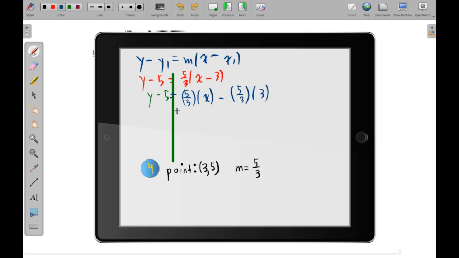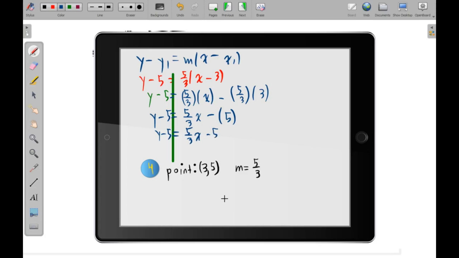So we're going to simplify this. 5/3 times x is the same thing as 5/3x, minus 5/3 times 3. Don't forget your parentheses. That's the same thing as just 5. You can see that with your calculator. And that leaves us with y minus 5 is equal to 5 over 3 x minus 5.